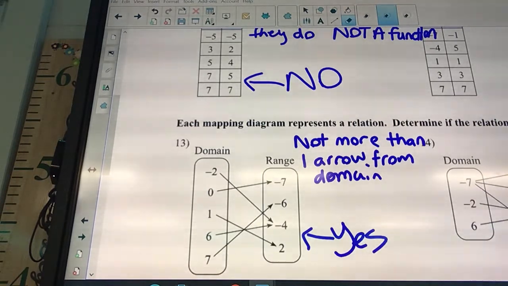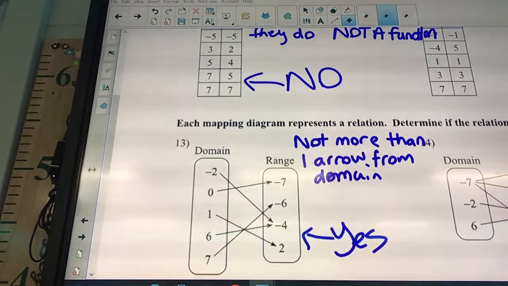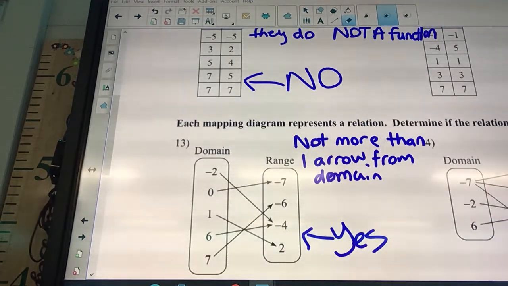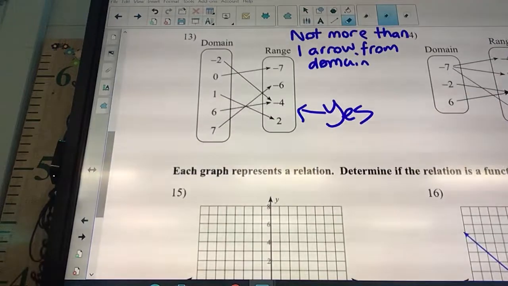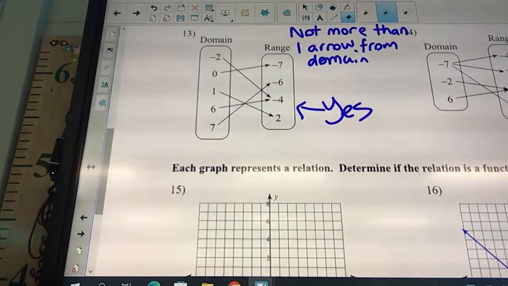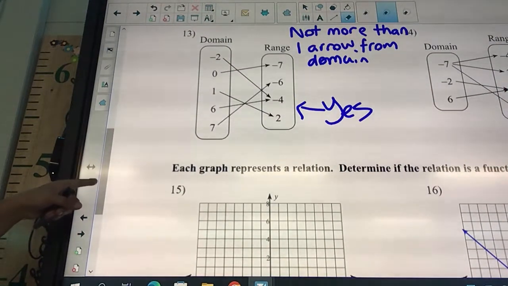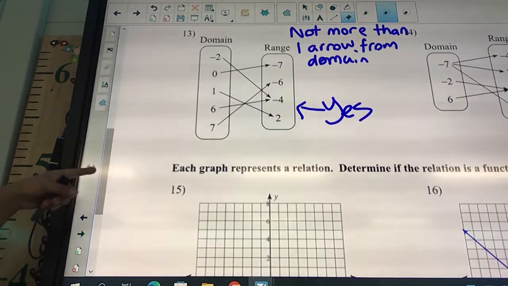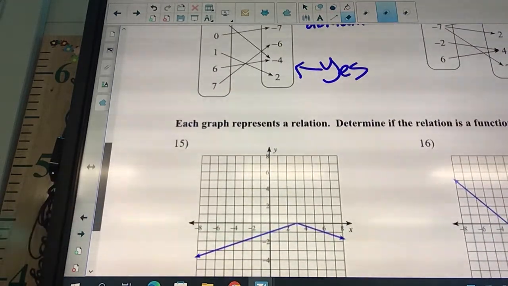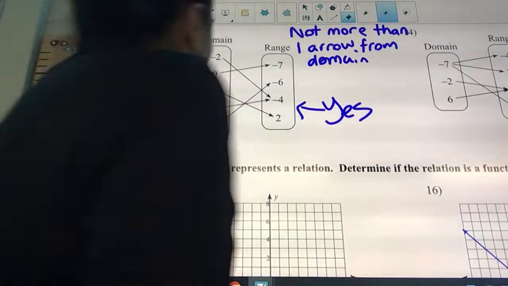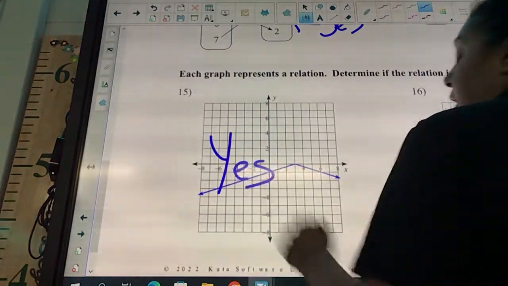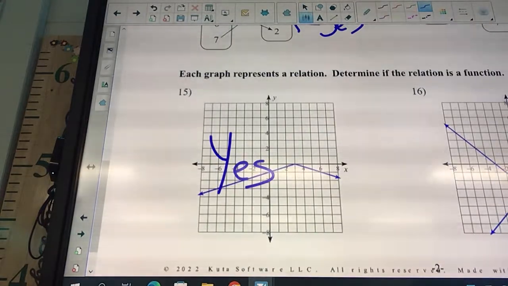Okay, the next section lets us know if it's a function by what test? The vertical line test. So 15, does that pass the vertical line test? Yes, so is it a function? Yes. What are some examples of non-functions?